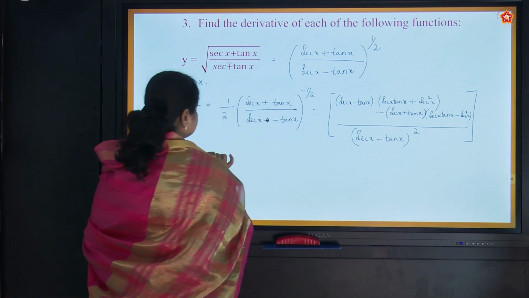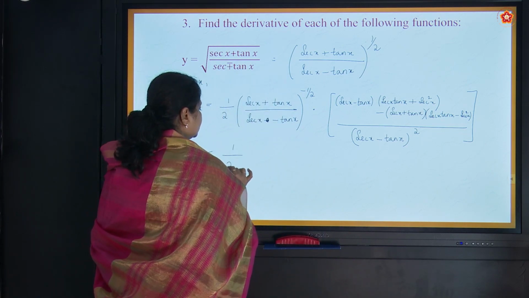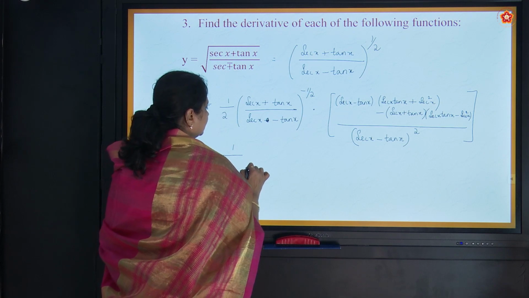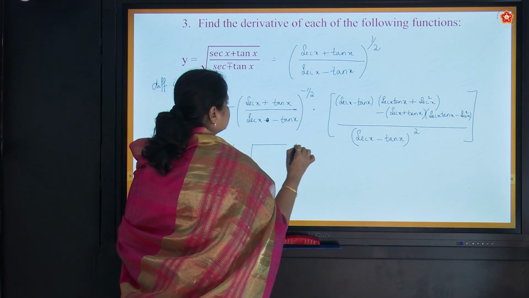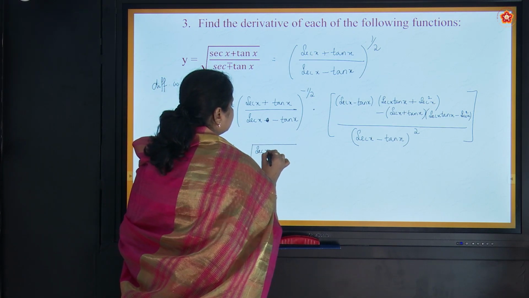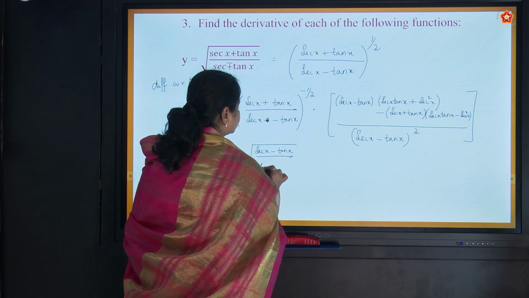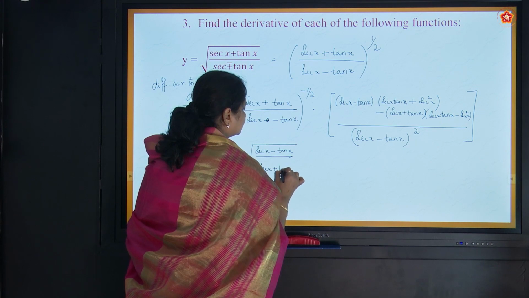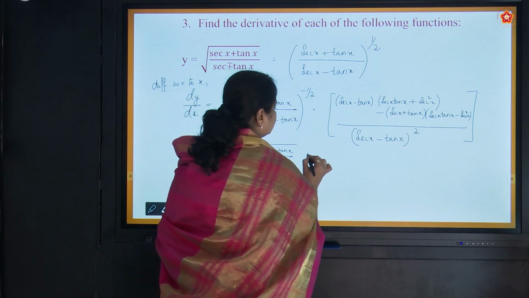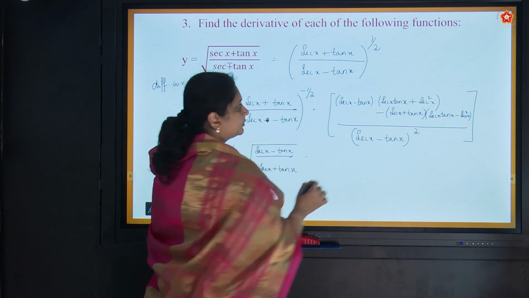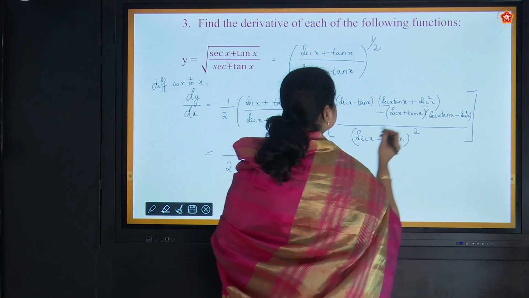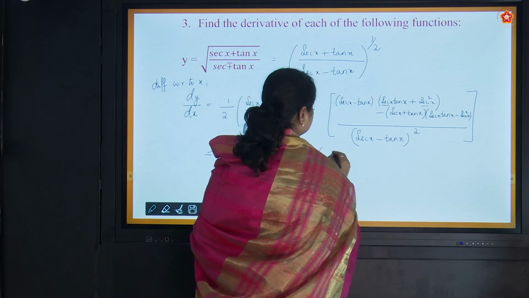Now let's start simplifying this. This is 1 by 2, this is power half, minus half, so I'll just take the reciprocal and make it positive and put it under the root. And here now I need to simplify. I can very well see that secant x is a common term out here.